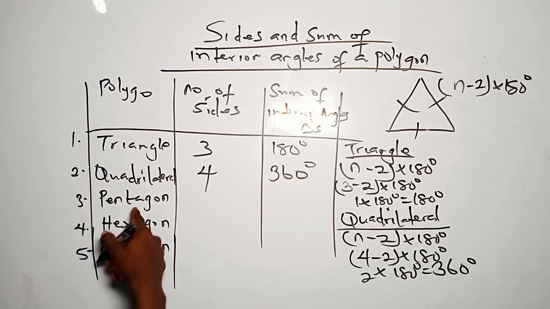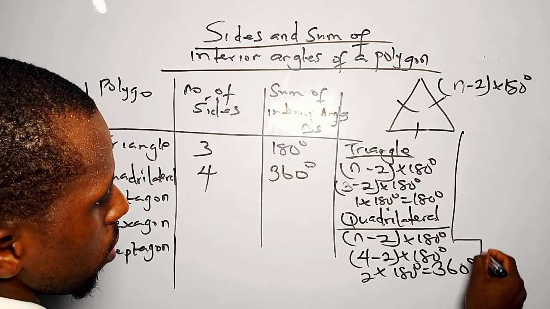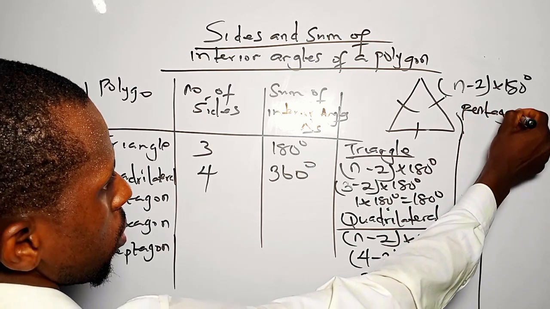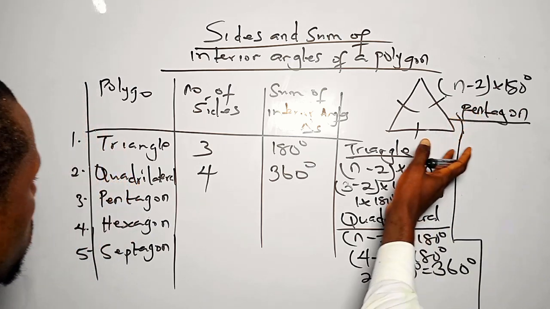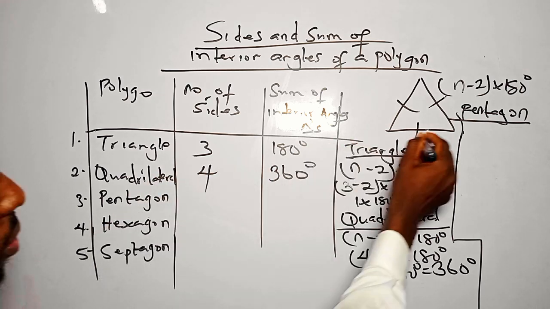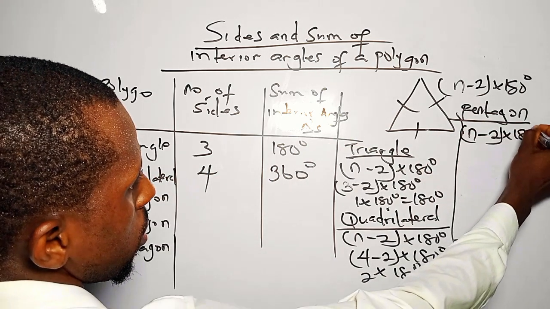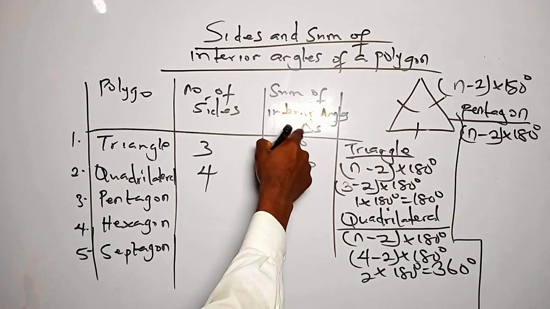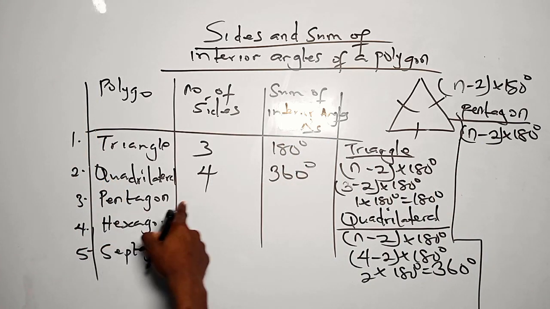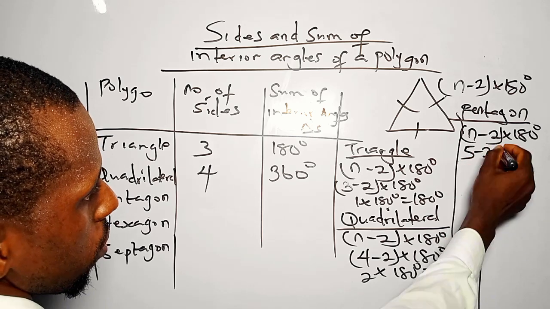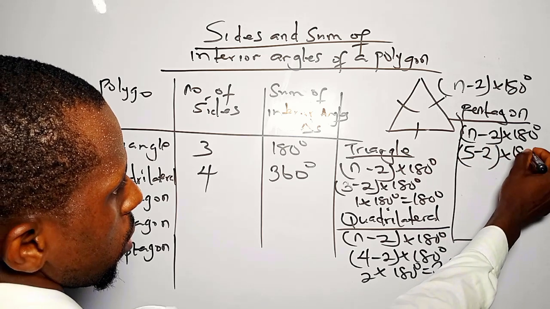So let's move to pentagon. A pentagon is a 5-sided shape, so n is 5. Applying the formula to determine the sum of interior angles of this pentagon, we have 5 minus 2 times 180 degrees.